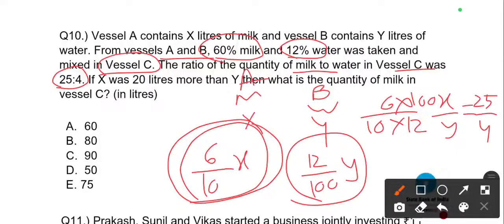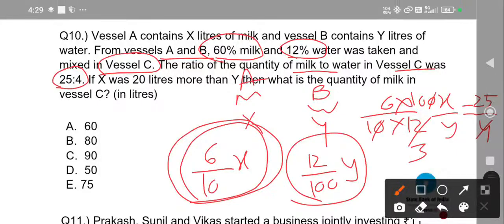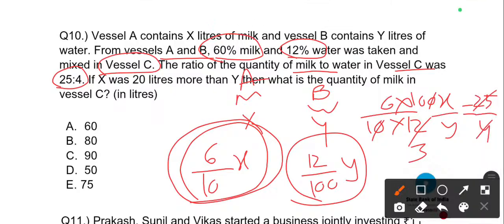What we have here is zeros cancel, 4 three times, 5 two times, 3 two times. So totally we get X by Y equals 5 divided by 4.